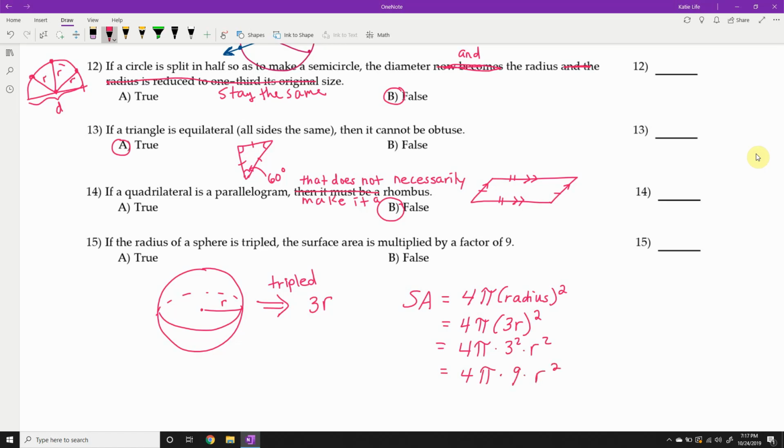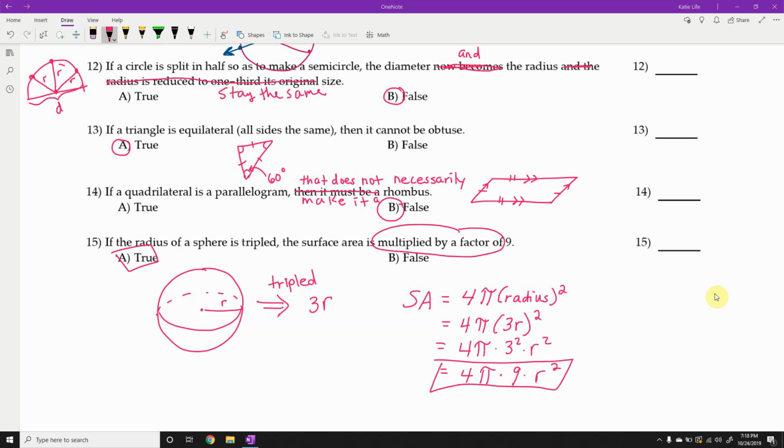So yeah, compare that to the original formula for the surface area of a sphere, 4 pi r squared. This is 4 pi 9r squared. So yeah, the surface area is being multiplied by a factor of 9. So yes, 15 is true.